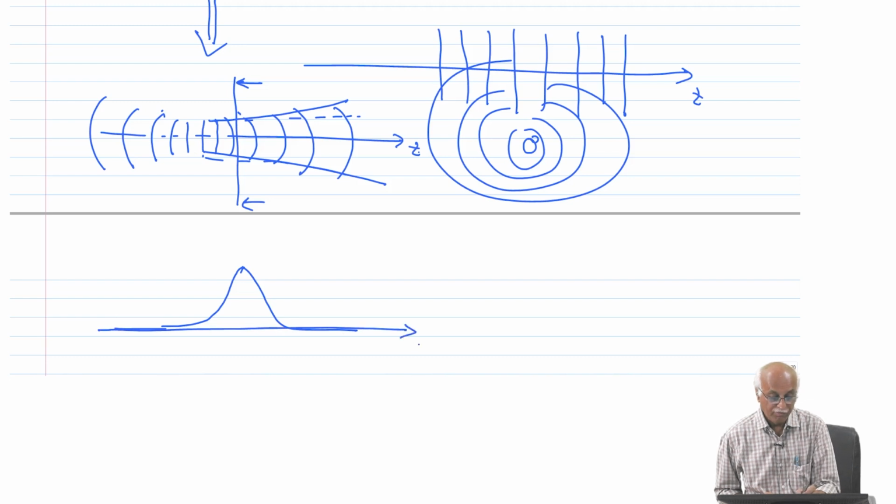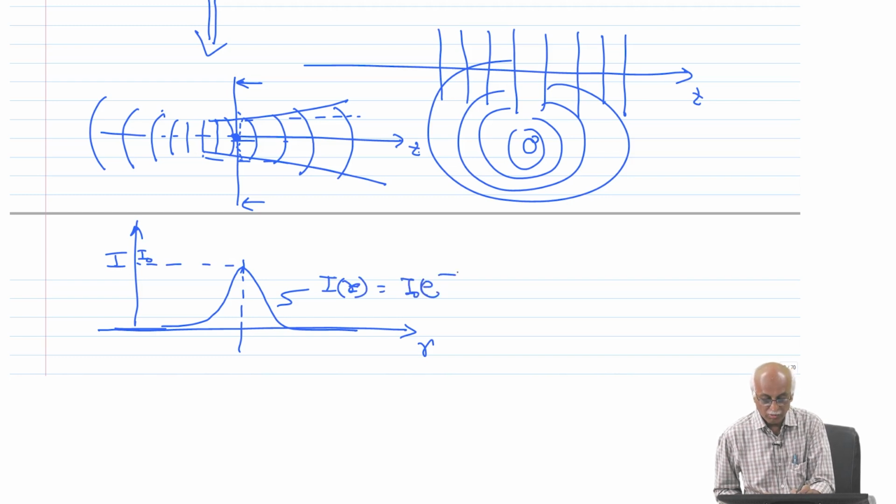In terms of radial distance, at the point where r is 0, intensity will be maximum, and as you go away from this position, the intensity decreases. I(r) is I0, the maximum, times exponent of minus 2 r square by w square.